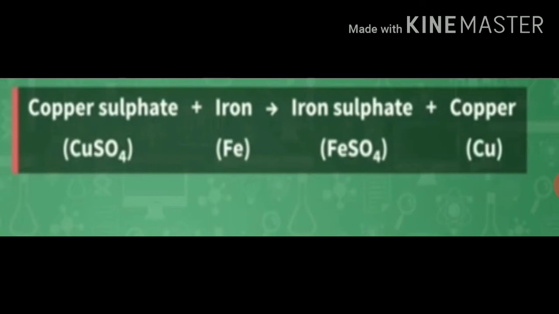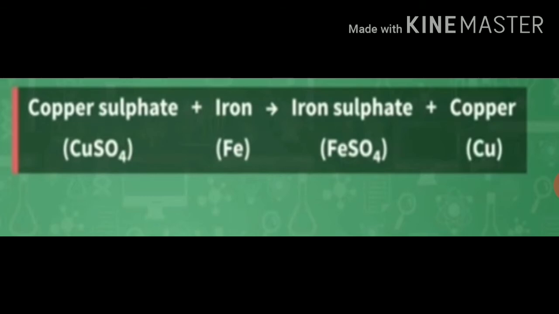Now we have to put a clean iron nail in the copper sulfate solution in the beaker and keep the beaker undisturbed for some time. We will find that the blue color of the copper sulfate solution starts fading gradually and the iron nail gets covered with a red-brown layer of copper metal.